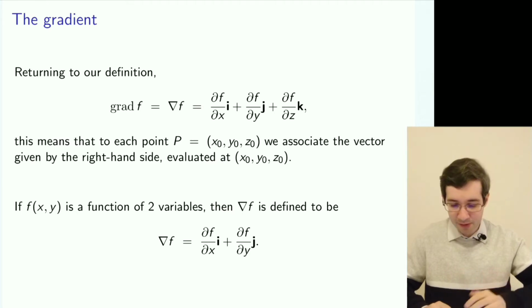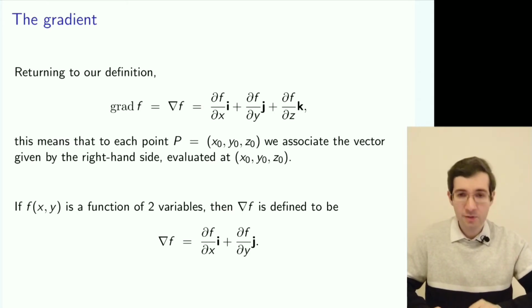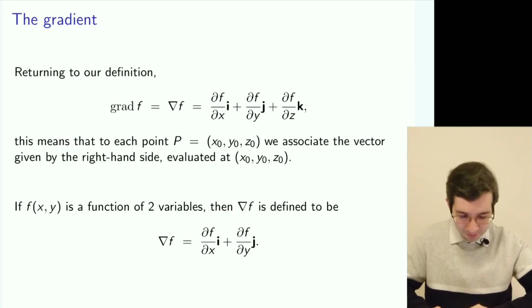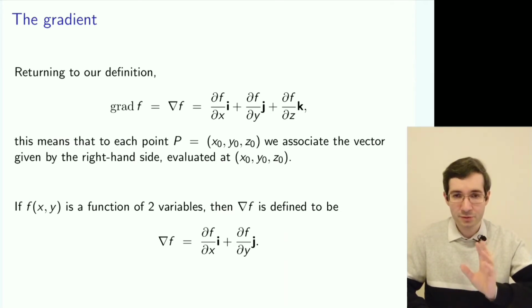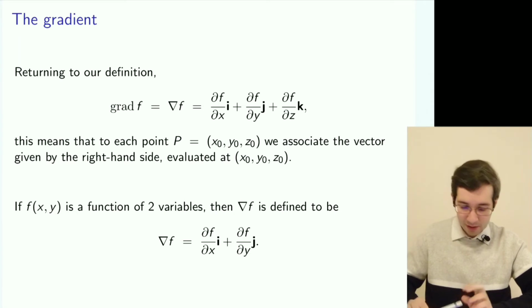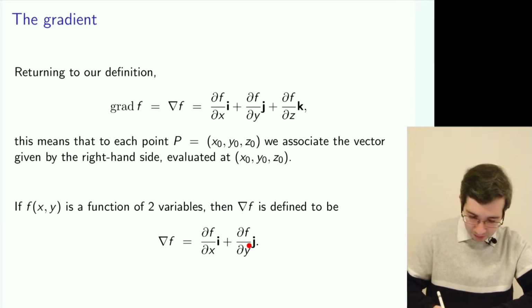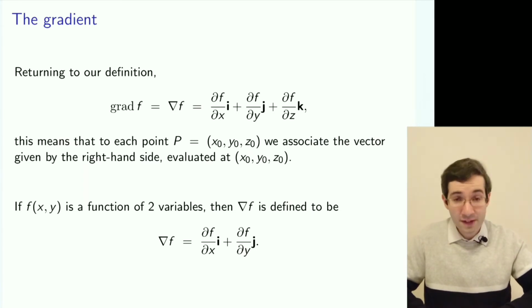And if your scalar field depends only on two variables, if you have a scalar field of 2 dimensions, you will have a gradient and associated vector field also living in these 2 dimensions.